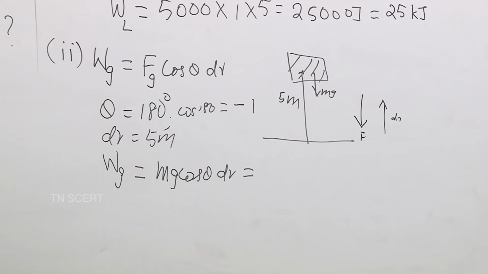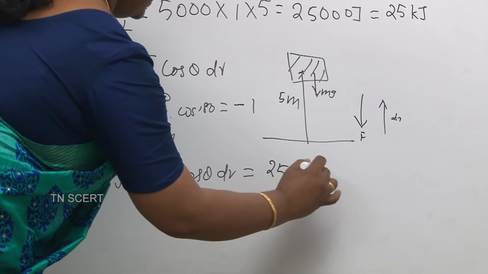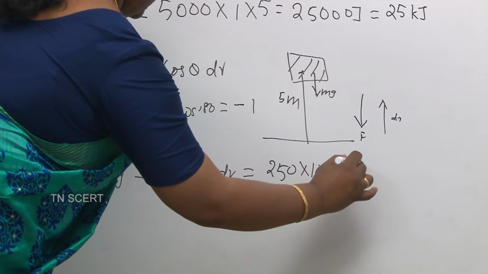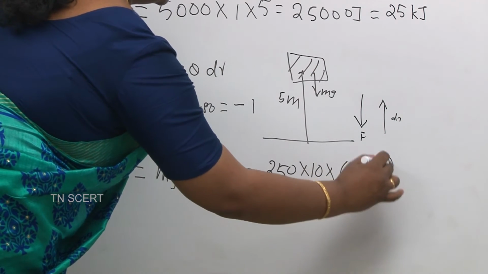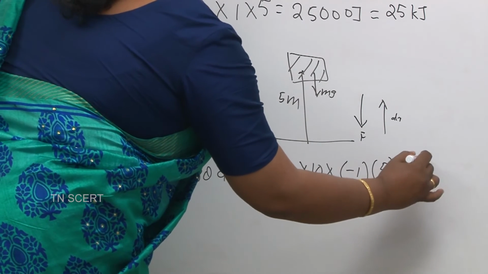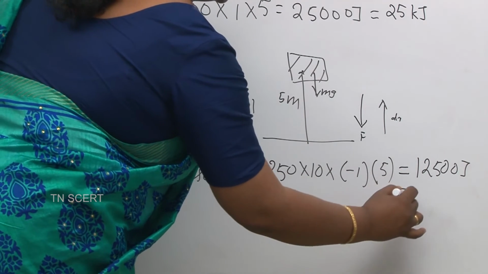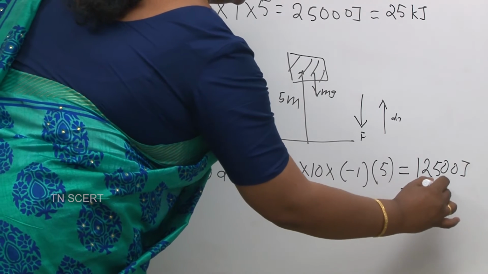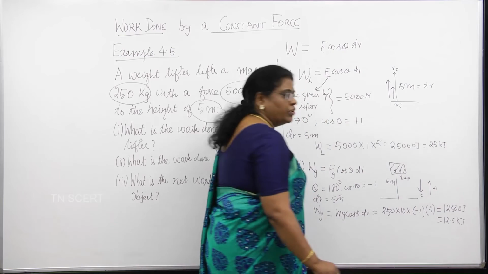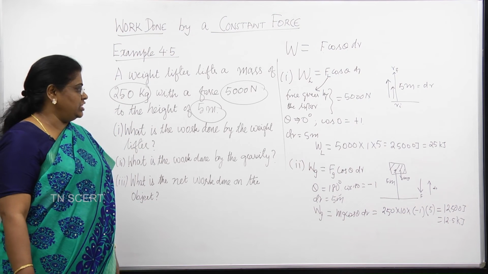Yes, the mass is given as 250, so 250 into g, which is 10, into cos of the angle, minus 1, and the displacement is the same 5 meters. The value is minus 12,500 joules, which can be written as 12.5 kilojoules. So we have the answer for the second case, work done by gravity.